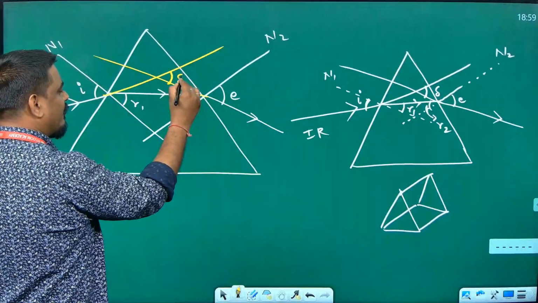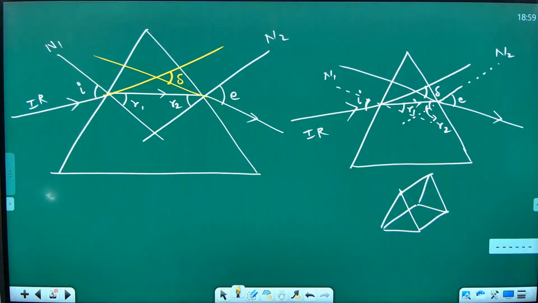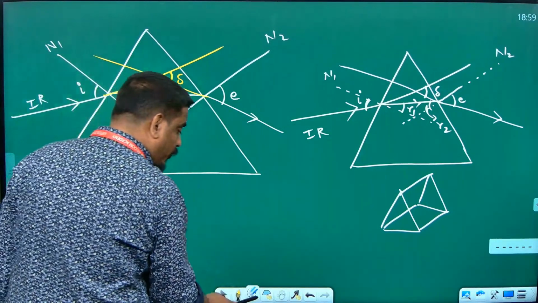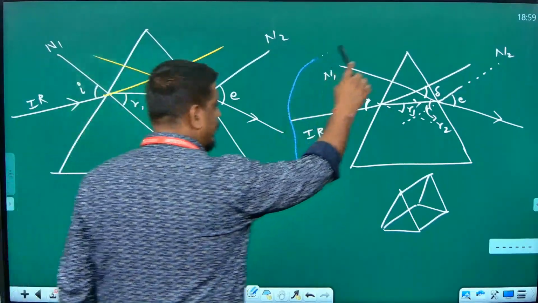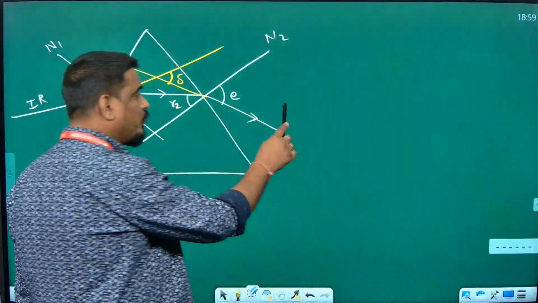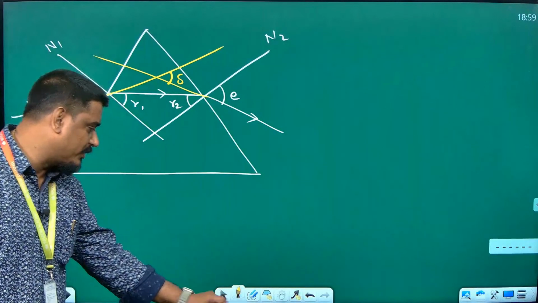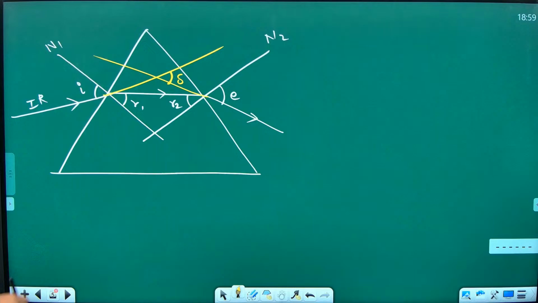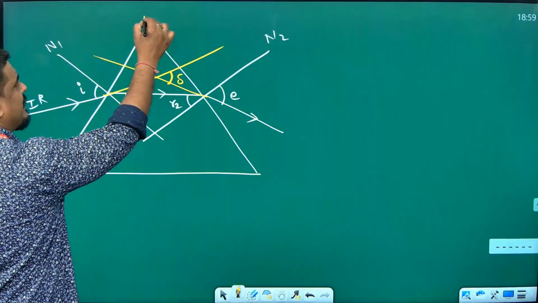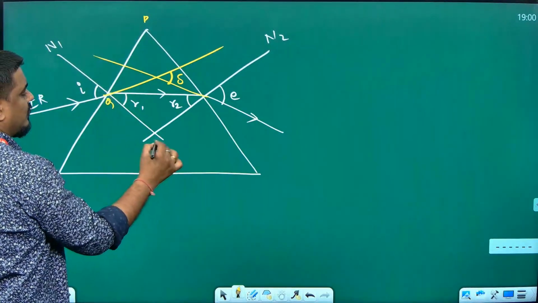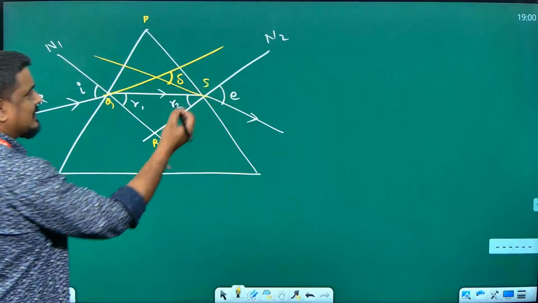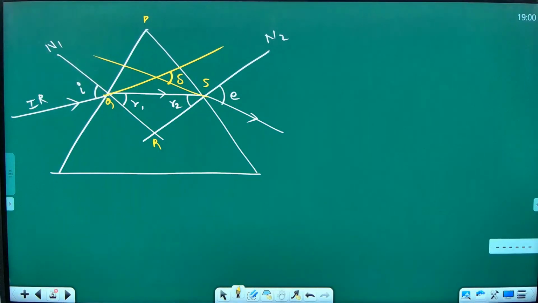This is called as angle of deviation. Am I right? I am going to use geometry now. So, all of you please pay attention, 2 minutes, because I am going to use some geometrical laws now, which you must know, angle of triangle and quadrilateral. So, I am naming this as P, Q, R, S, quadrilateral, right.